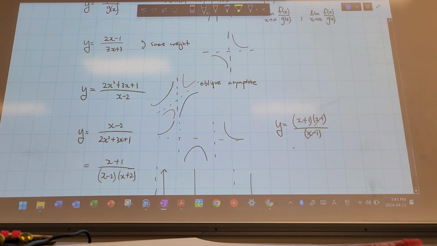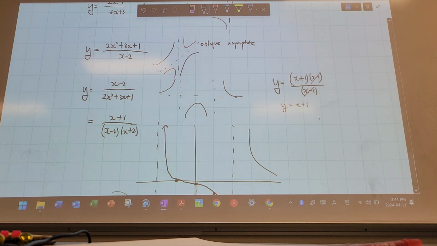So then it's now just y equals x plus 1. All right, well that's fine. So we just have a linear function that goes like this, right? Is it? Not really. It's similar to that, but then we're going to have a hole.